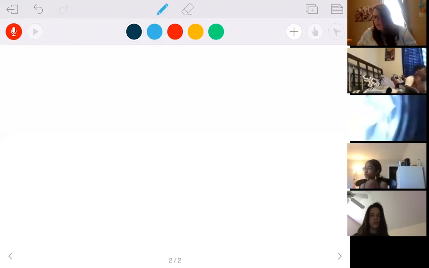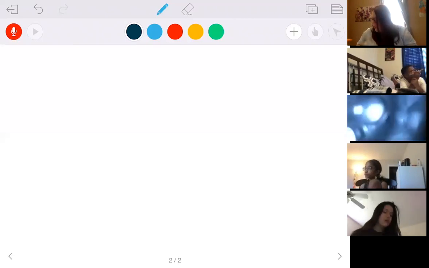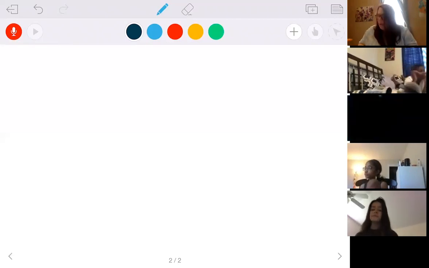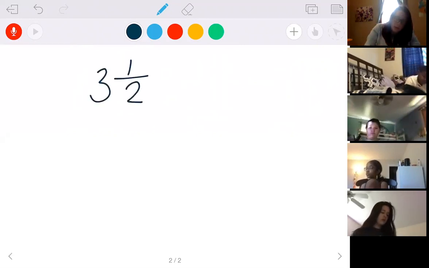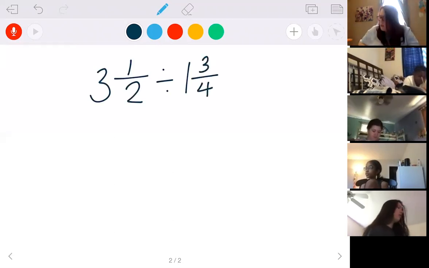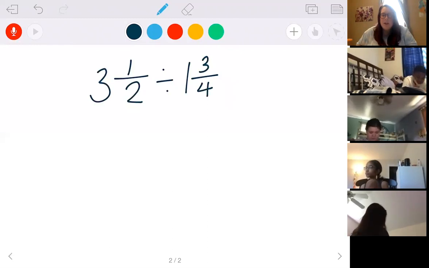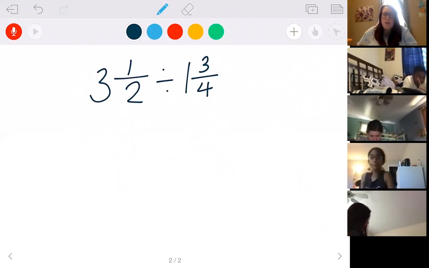Most of you have done science today already. Do 3.5 divided by 1 3/4. Same as we just did. You're going to have to change each one to an improper fraction. Then you're going to do the reciprocal, reduce, and multiply.